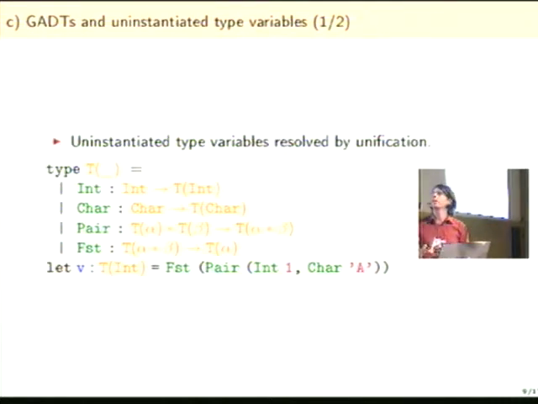For example, in the last case of this type, the beta variable could not be instantiated by the expected type. This variable will be instantiated when we check if there is a type beta, such that char of A is compatible with beta, the T of beta.